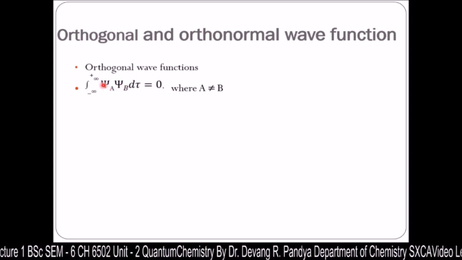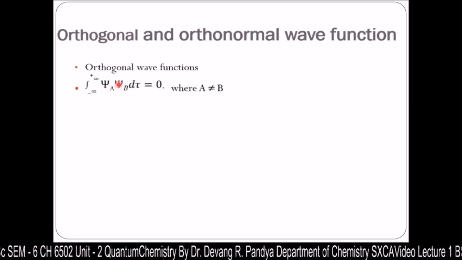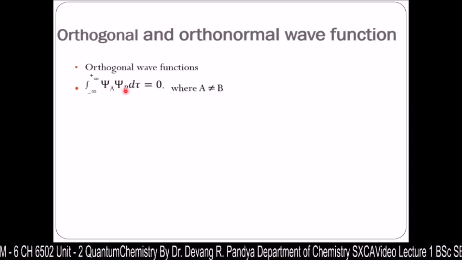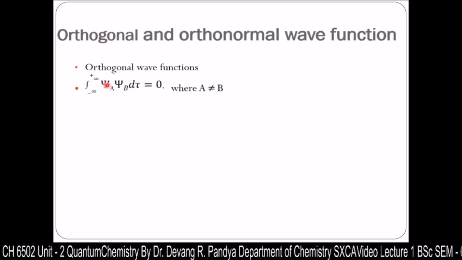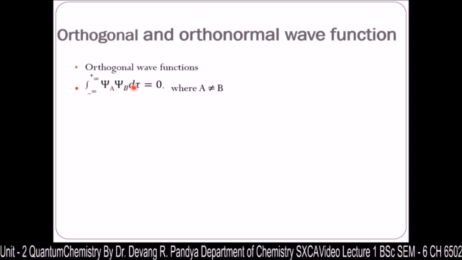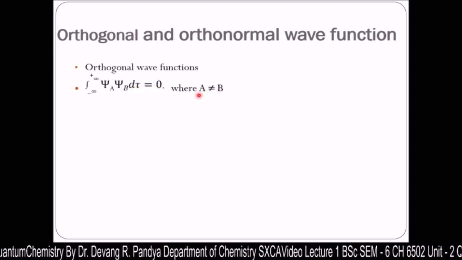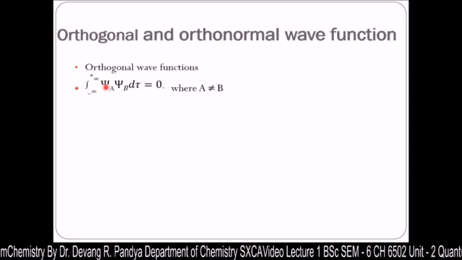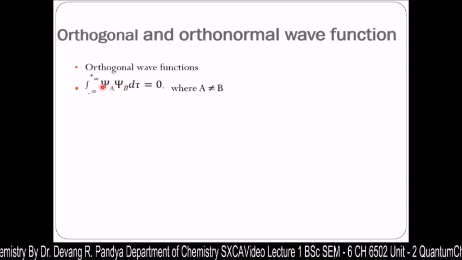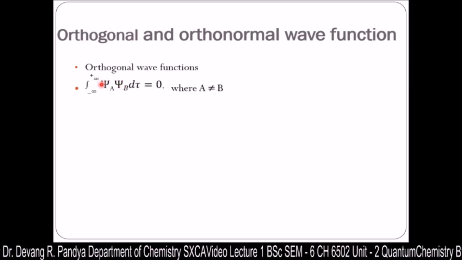This is the wave function associated with arbitrary a, and this is the wave function associated with arbitrary b. If this integration over the volume turns out to be 0 where a is not equal to b, then these wave functions are orthogonal to each other. They are not normalized.